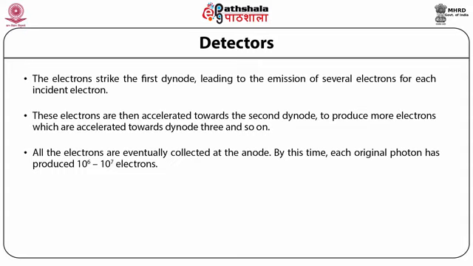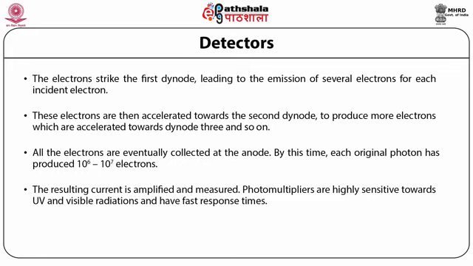So by this time, each original photon has produced 10 to the power 6 to 10 to the power 7 electrons. The resulting current is amplified and measured.